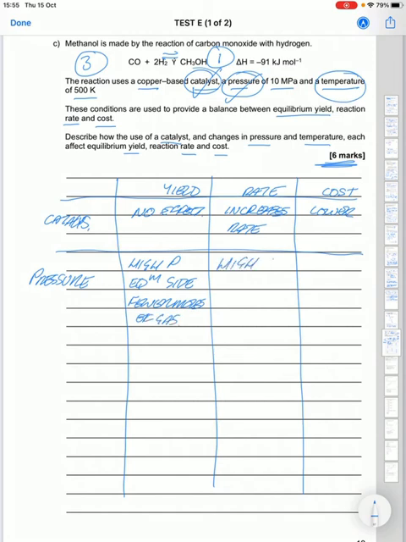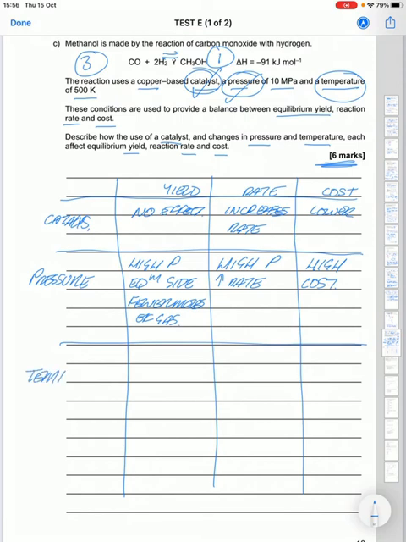Increasing the pressure will increase the rate. And in terms of cost, high pressure has a high cost associated with it. And I reckon that's pressure done.